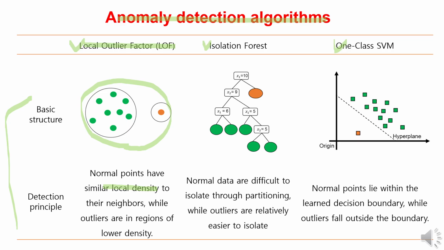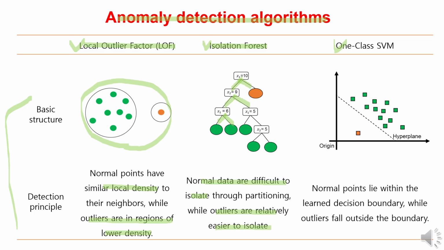Normal data points tend to have a similar density to their neighbors, while outliers are found in regions with relatively lower density. Isolation forest detects outliers by repeatedly splitting the data and isolating individual observations. Normal data points are difficult to isolate, whereas outliers are relatively easier to isolate.